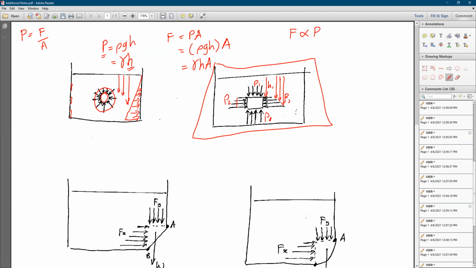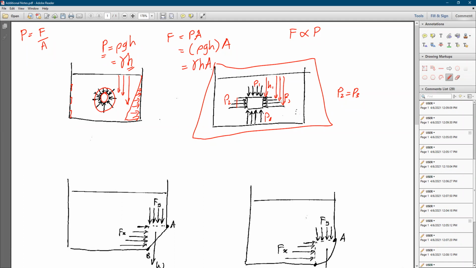Therefore, P2 and P3 are actually the same, as long as the height is the same. The height is changing as it moves down from the top to the bottom.